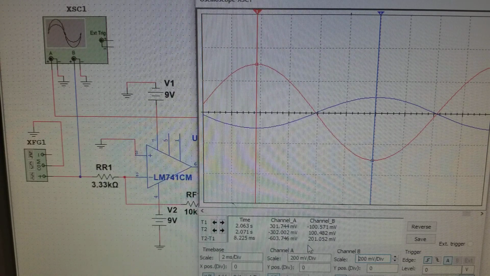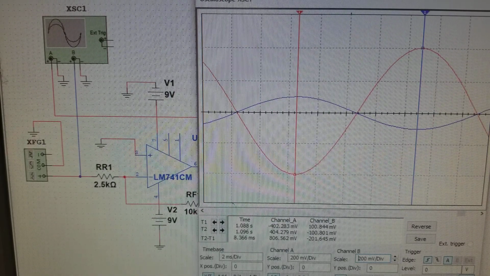So if you calculate the gain, it would be volts out, which is 603, over volts in, which is 201. So that gives you a gain of 3. You could also see that the input sine wave is 180 degrees out of phase with the output sine wave.